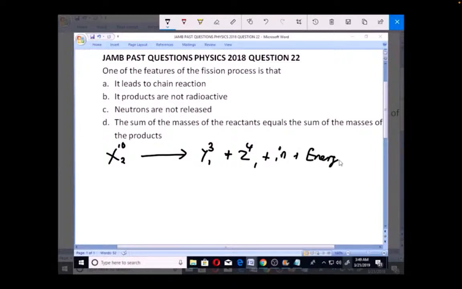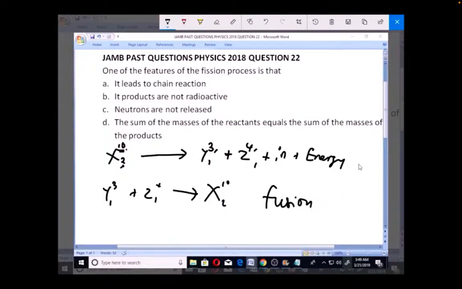So this is what we call a fission reaction. Once you have the atomic number and the mass number here bigger than the ones here, we call it fission. But in a case where we have these smaller ones by this side coming together to form the bigger one by this side, we call it fusion.